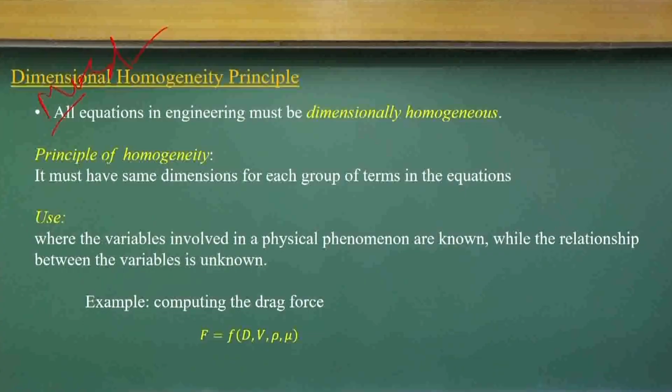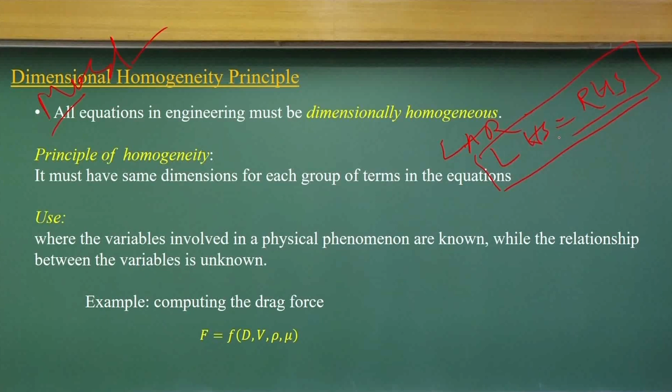The dimensions of the left-hand side should equal the dimensions of the right-hand side, then the equation is dimensionally homogeneous. So, any physical property somewhere follows this dimensional homogeneity concept, and we have to use it for designing experiments.